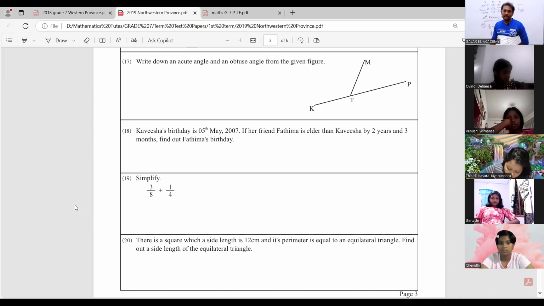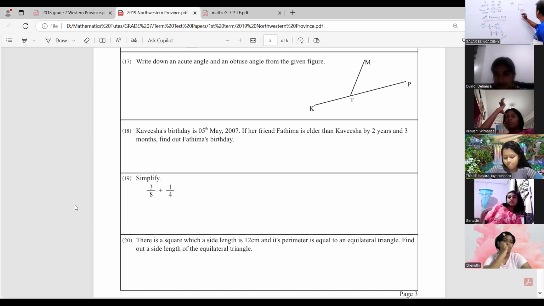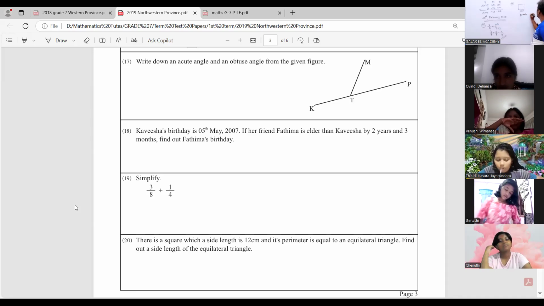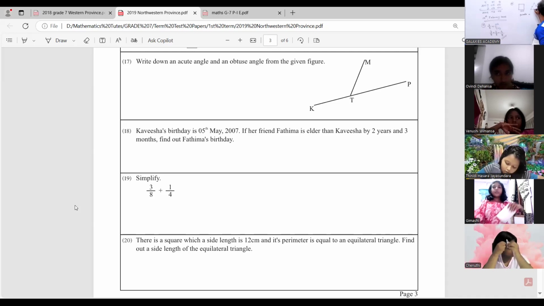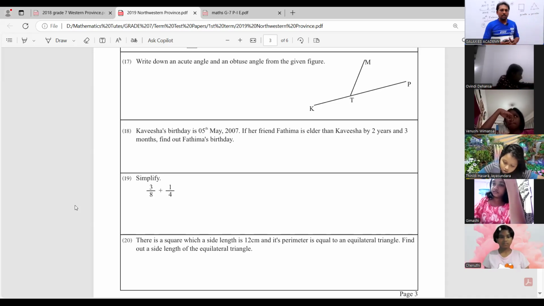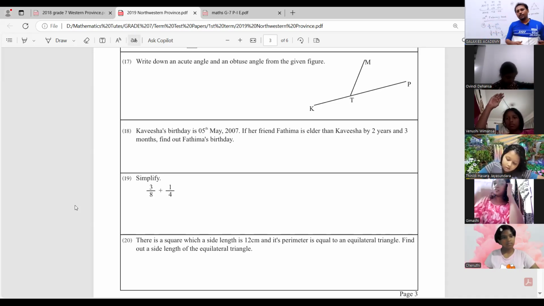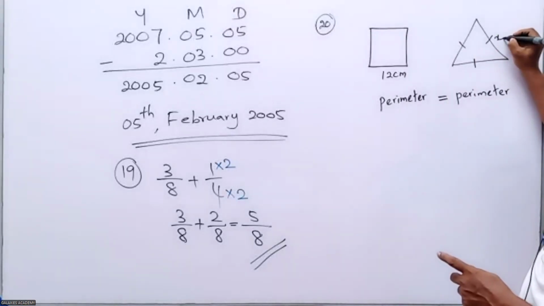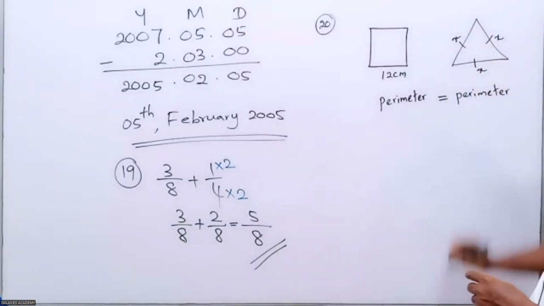Its perimeter is equal to that of an equilateral triangle, right? Equilateral triangle means all sides of the triangle are equal, no? These two perimeters should be equal. Find out the side length of the equilateral triangle. Think of this one side as x, so all sides should be x.